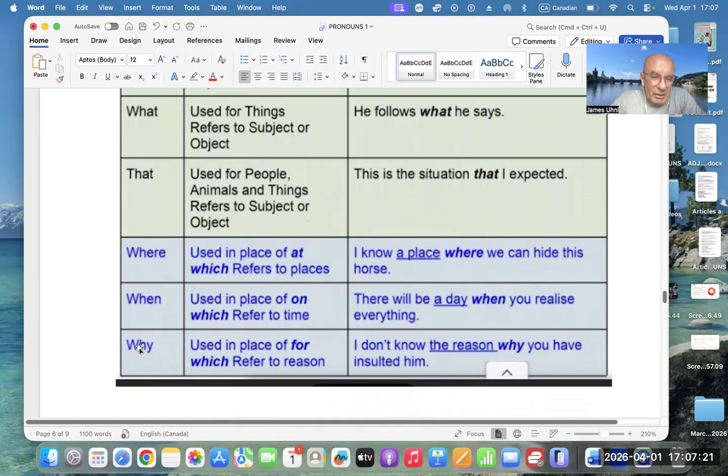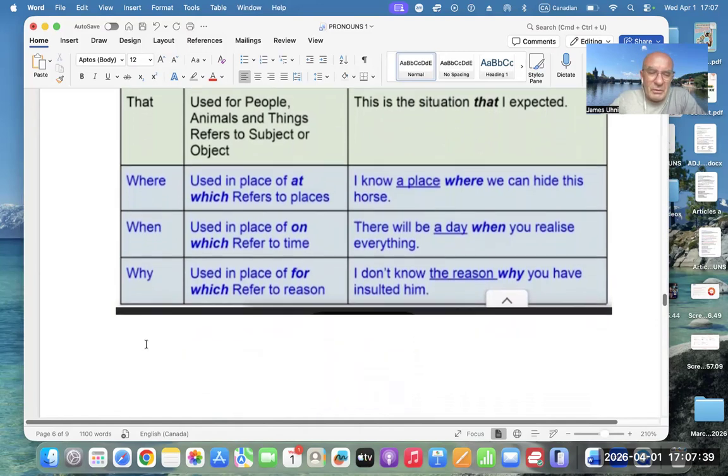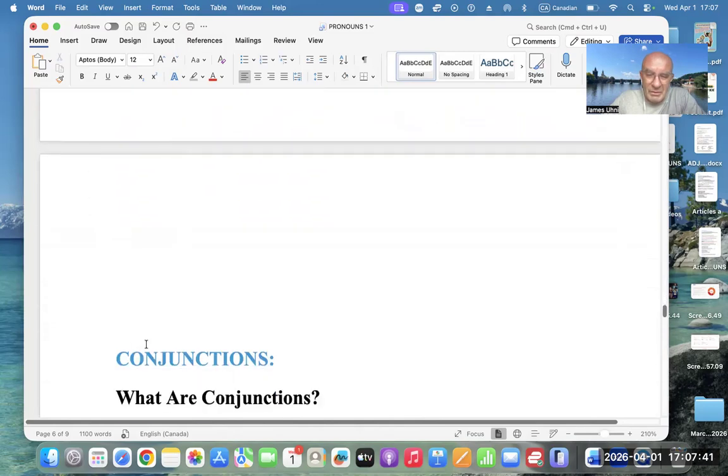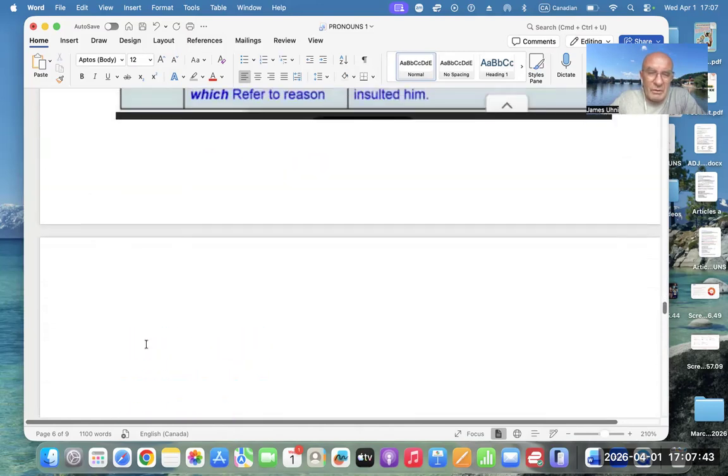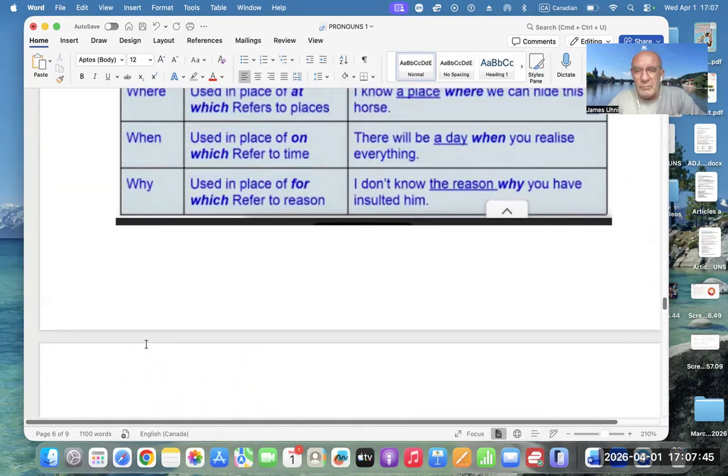Especially these three are WH questions, or information questions. Where is about place, when about time, why about the reason. These are very difficult parts of the grammar. I am explaining it very simply for one specific reason: not to confuse you.